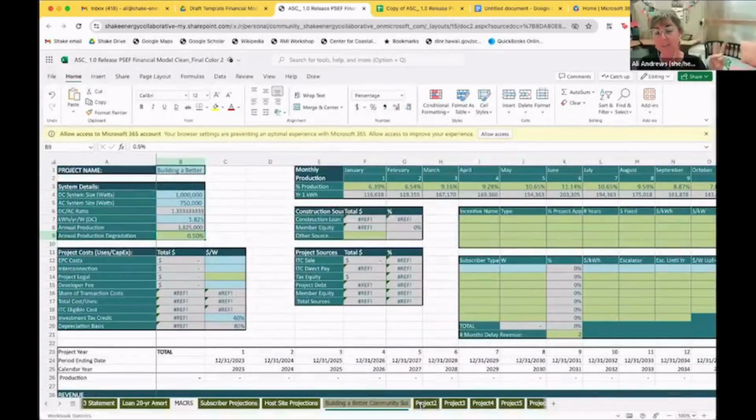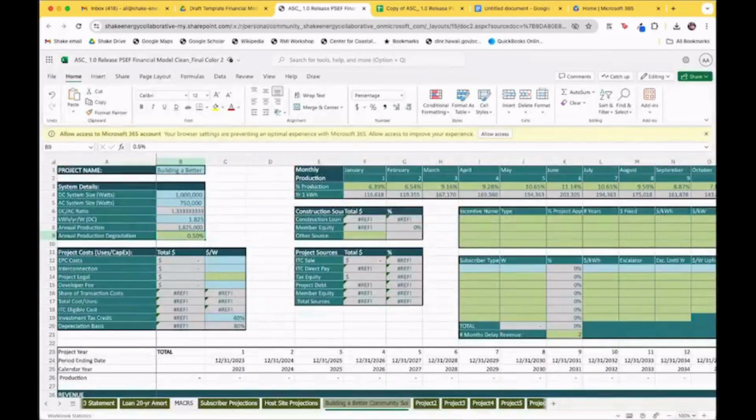So for us, we have two projects. We work for the Ho'ahu Energy Cooperative Molokai, and they have two projects going at once. And so the lenders will often ask specific questions about each project, and they like to see it split out. You could aggregate it, but I think because this model is built to have multiple projects, it's probably better to split them out. Okay, thank you. Yeah.